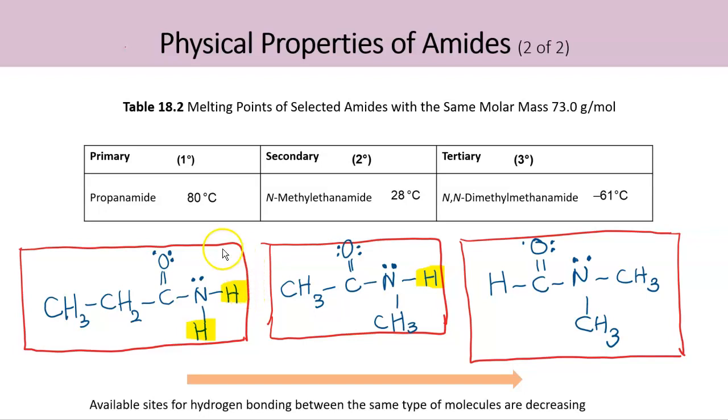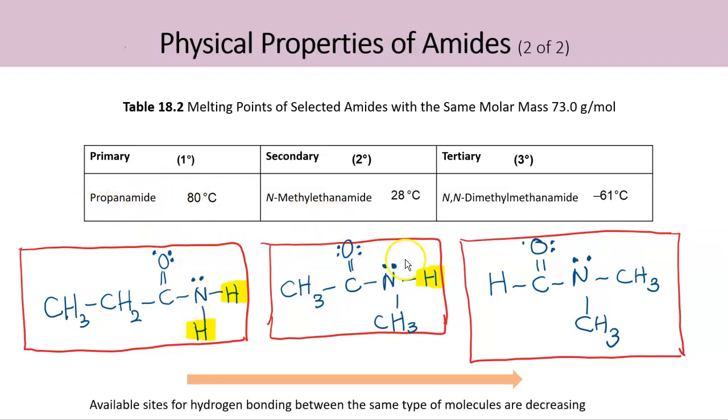Because this molecule can make more hydrogen bonding with the same type of molecules, they will have a higher number of interactions, and as a result, they will stay as packed molecules to make them solids at room temperature.